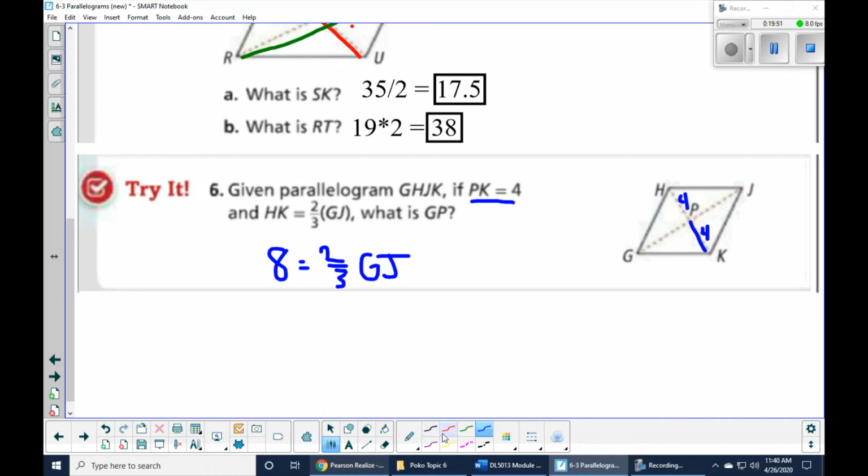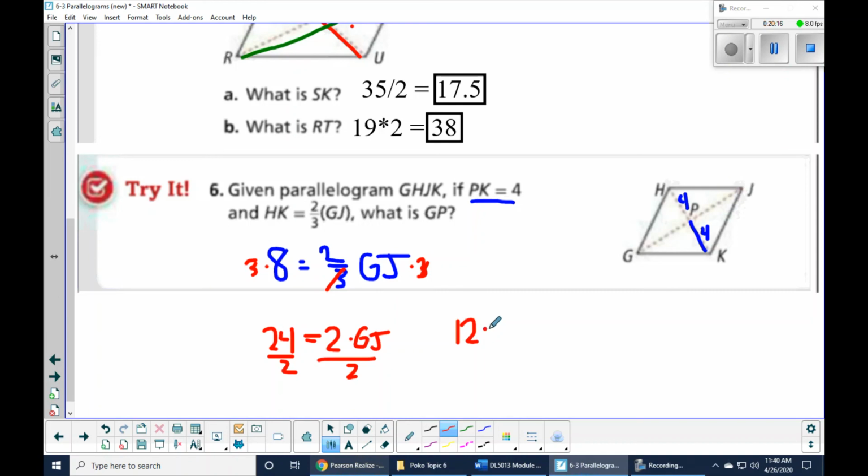So this is where it's a little bit tricky. You can do this really in 2 parts. You can multiply both sides by 3, because what that'll do is cancel this thing out. That gives us 24 is equal to 2 times GJ, and then divide both sides by 2.